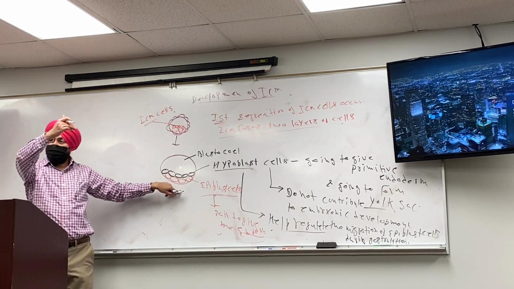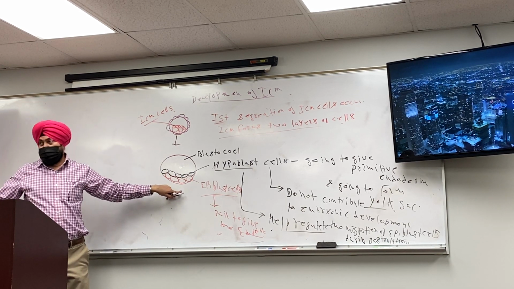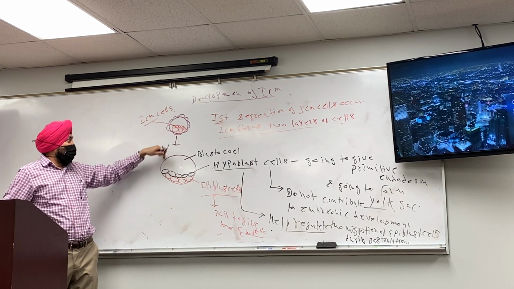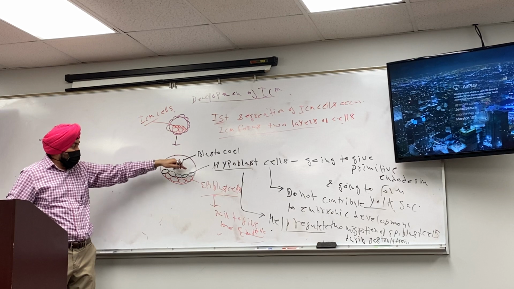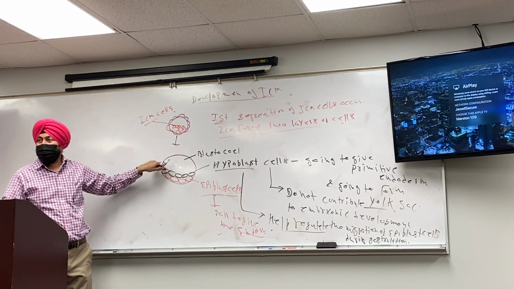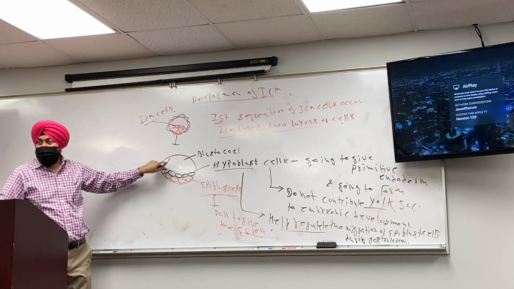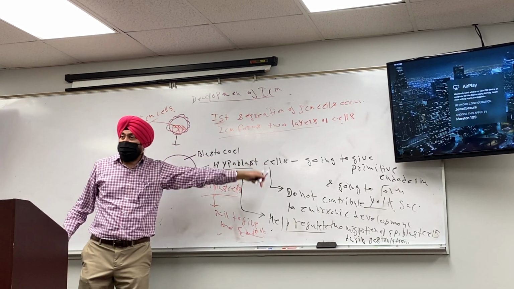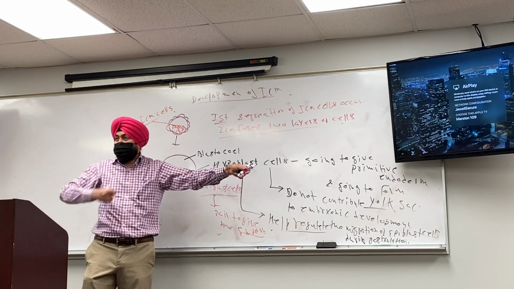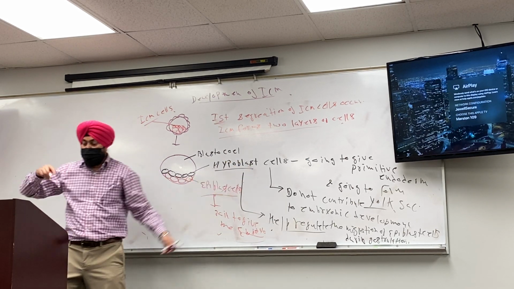They have moved from one stage to the next. So the hypoblast cells are no more pluripotent, right? They can only give the primitive endoderm. Making sense? So things are changing as the development takes place.